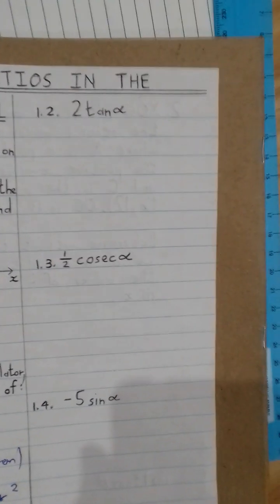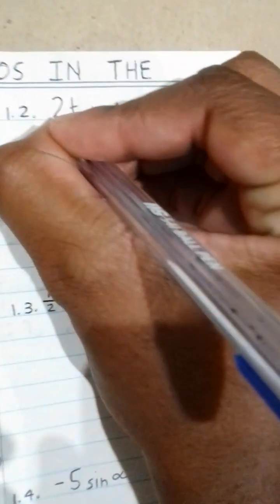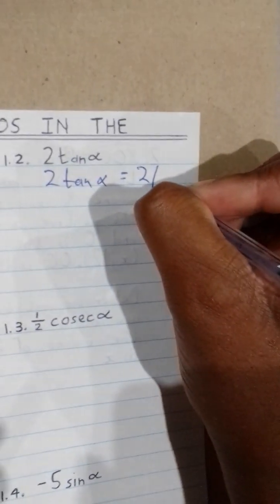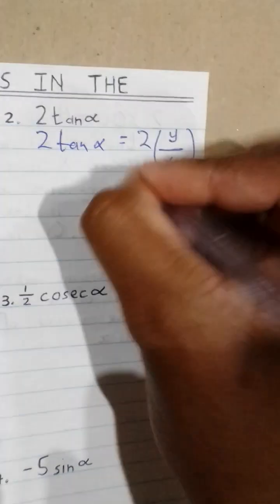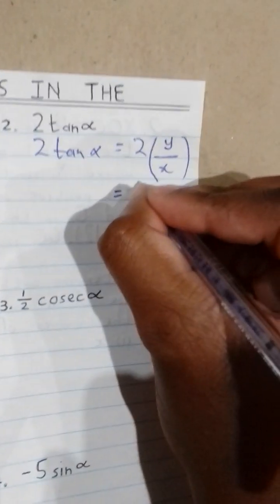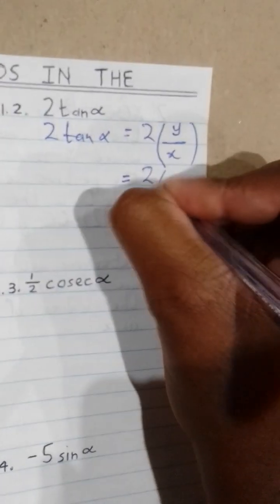1.2, 2 tan alpha. Tan is y over x. What is y? -3.